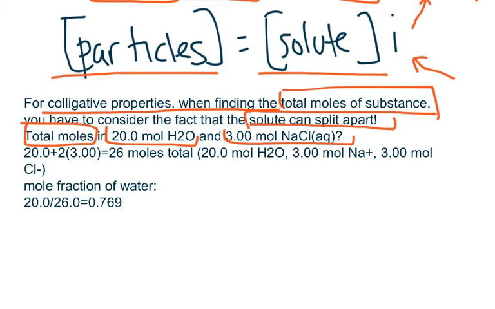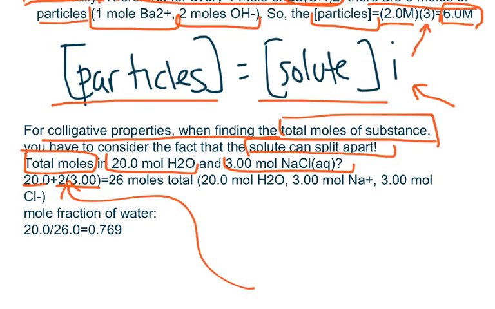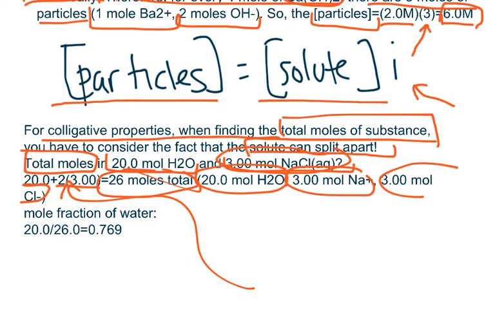Well, you might say 23, but that's not correct, because in reality, there's actually 20 plus 2 times 3, since we have to remember the Van't Hoff factor, and this is because for every 3 moles of NaCl, there are 3 moles of Na plus and 3 moles of Cl minus, and that already makes 6 moles of particles. So 6 plus the 20 moles of water, which don't change, will give us 26 moles in total. So keep a note of that when we're doing these colligative properties.